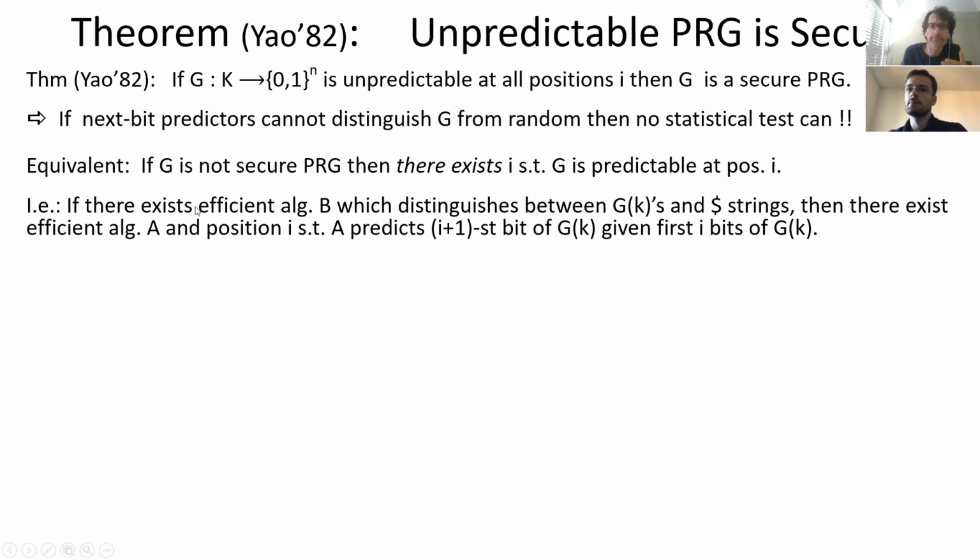So let's say that you have this algorithm B, which distinguishes outputs of G from random strings. Then let's find this efficient predictor that, given the first i bits, predicts the i plus first bit.